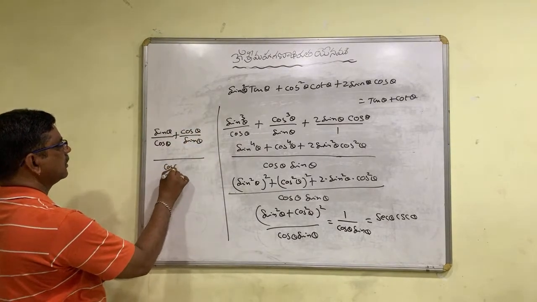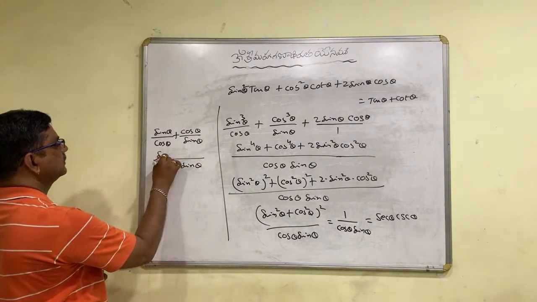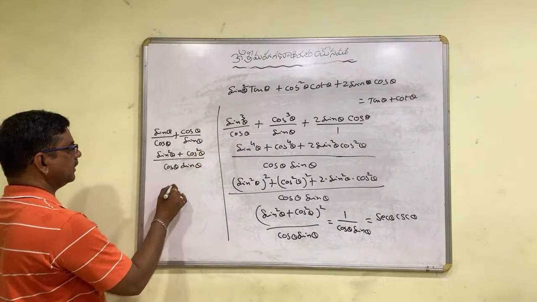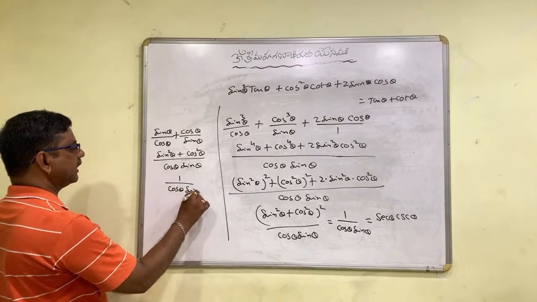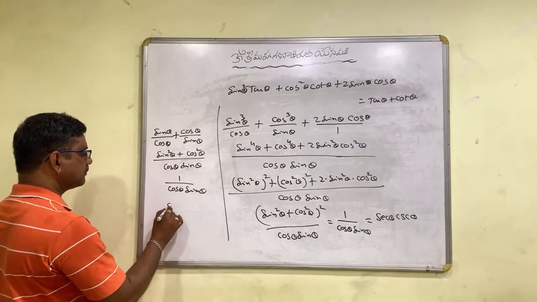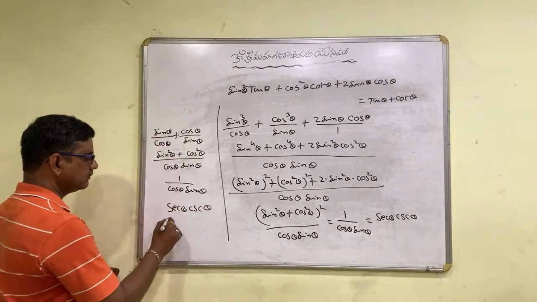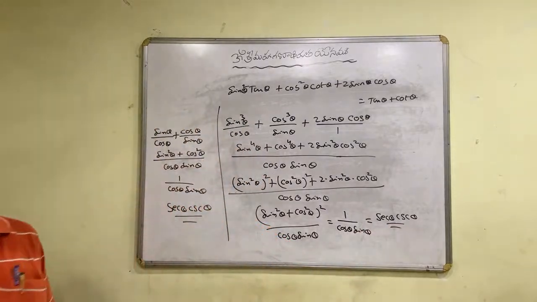LCM is cos theta sin theta. And here I get sin square theta, and here you will get cos square theta. So 1 by cos theta sin theta, and we know it is nothing but secant theta cosecant theta. So we got the same answer for LHS and RHS.